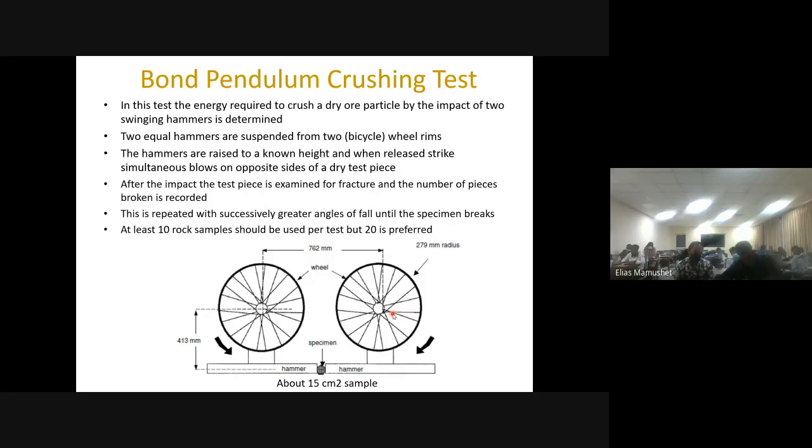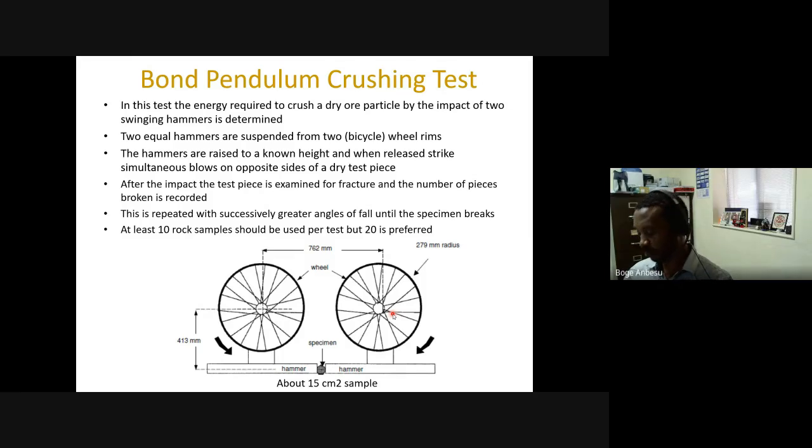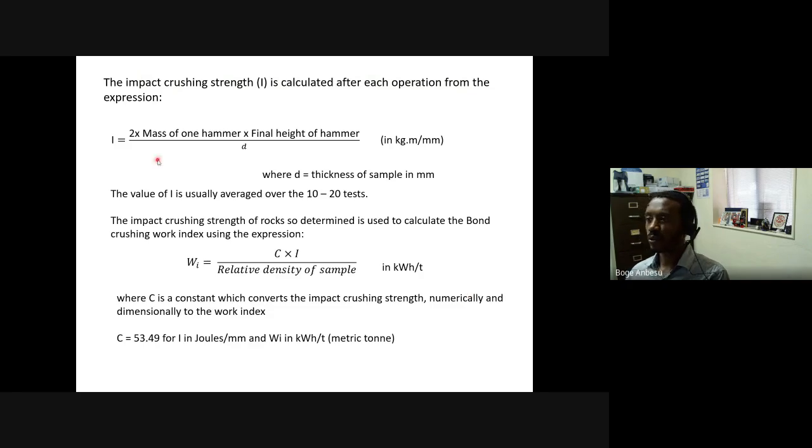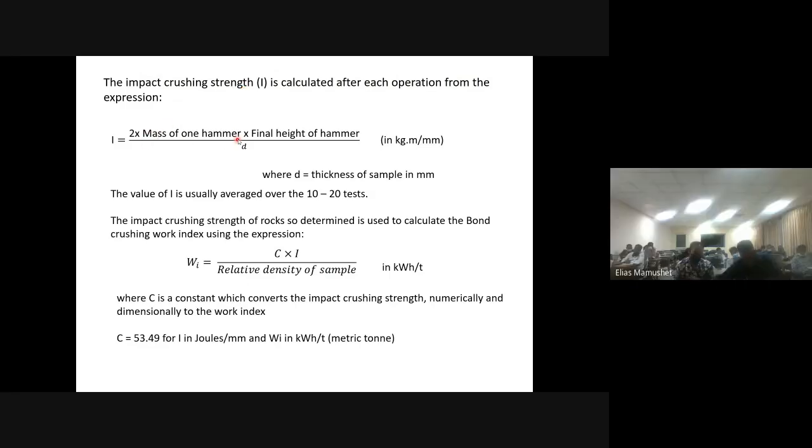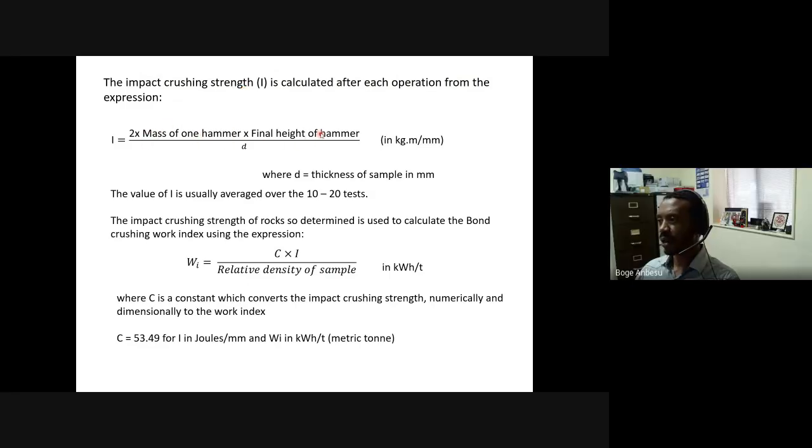So you continue the crushing operation until the rock is essentially shattered. And once you shatter the rock, you can actually record some things. For example, you can measure what we call the impact crushing strength, which is given by the mass of the hammer multiplied by the height of the hammer divided by D.